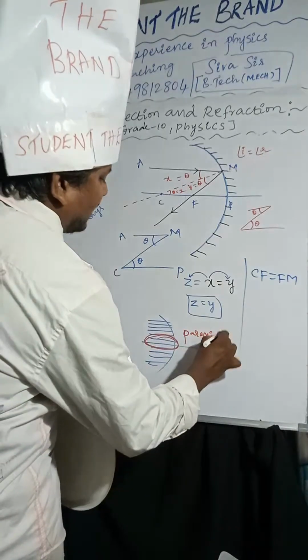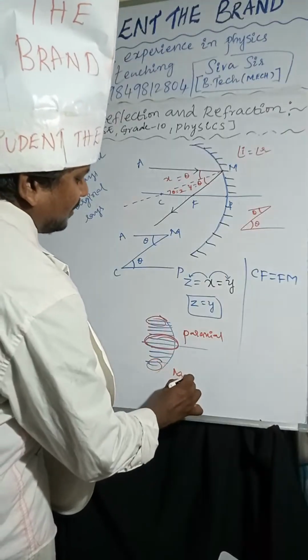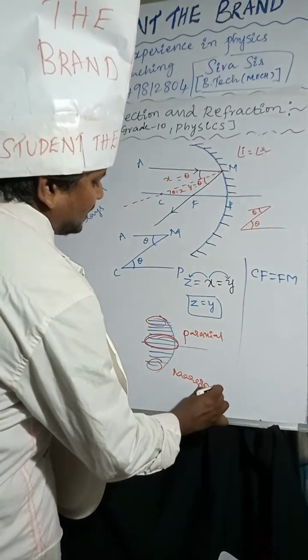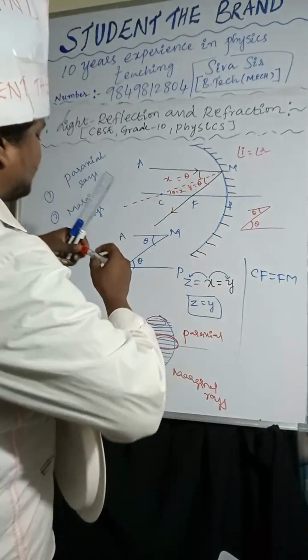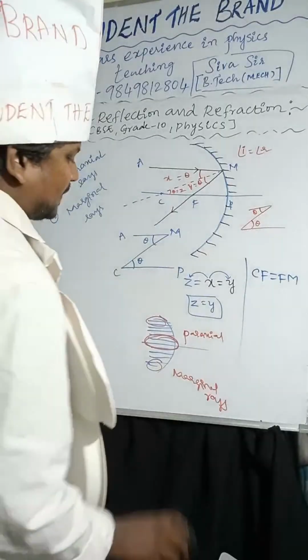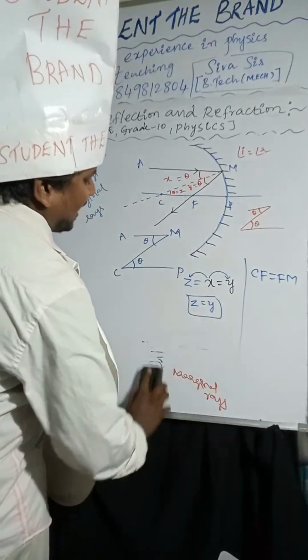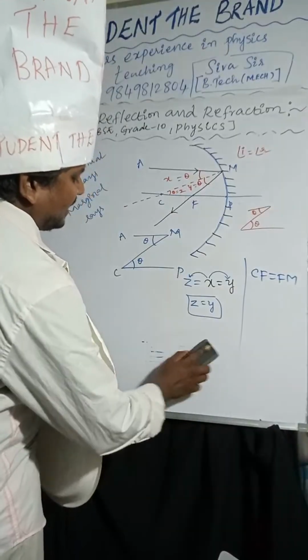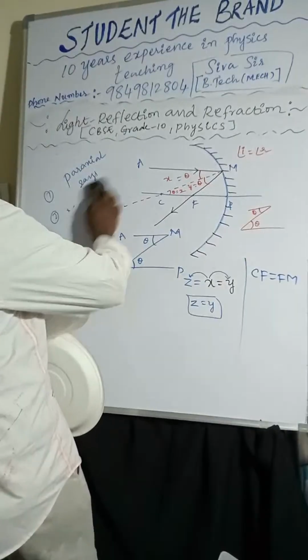The rays which are away from the principal axis are called marginal rays. Here we take only the rays very close to the principal axis, which is why we use paraxial rays in this case.